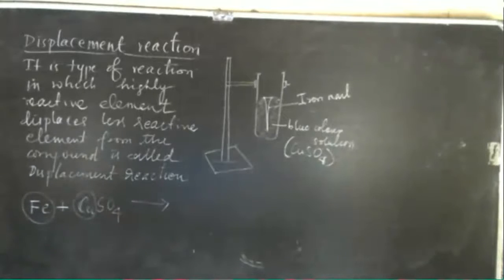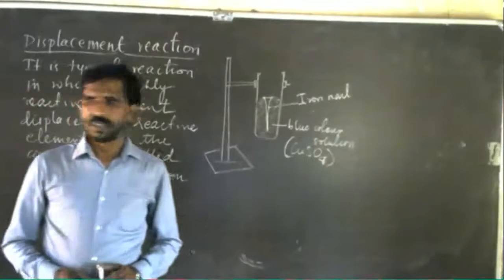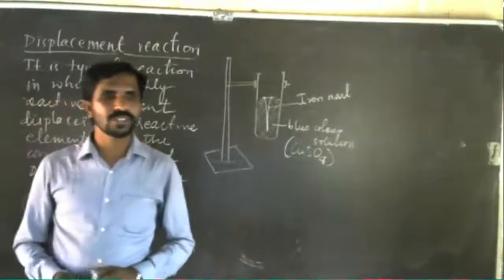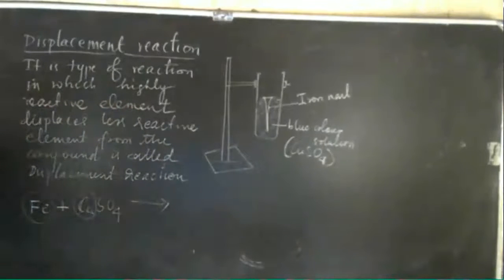Here, iron is more reactive compared to copper. How will you know that? There is a reactivity series. That reactivity series is necessary to write the reactions of displacement reactions. You should remember it.